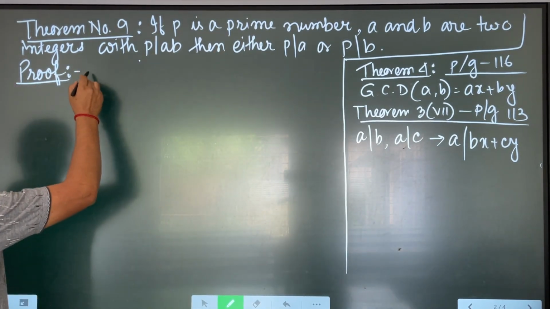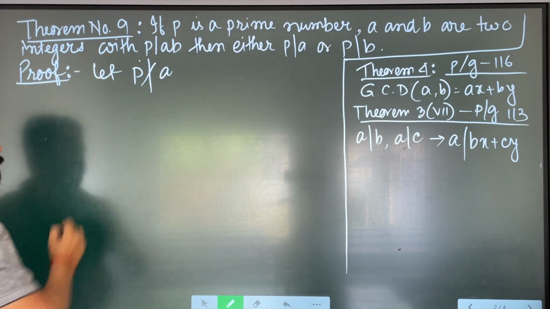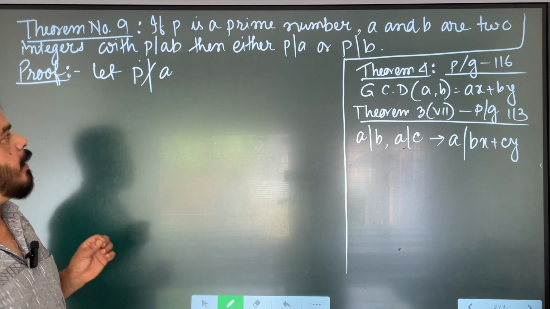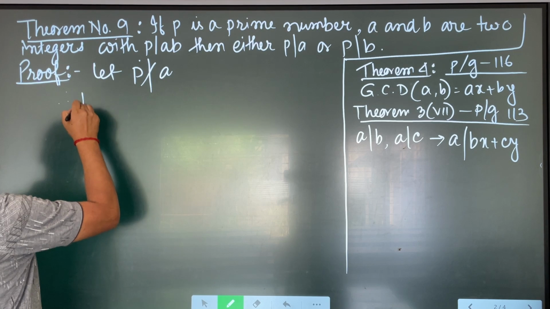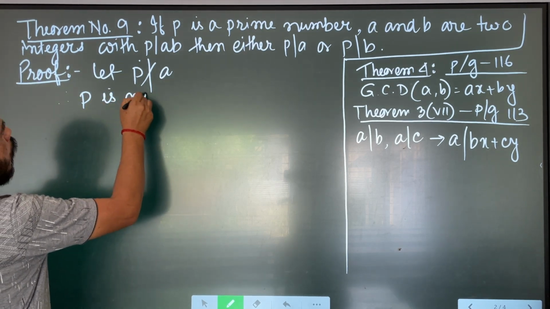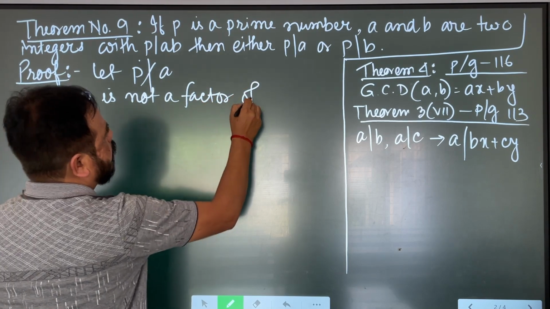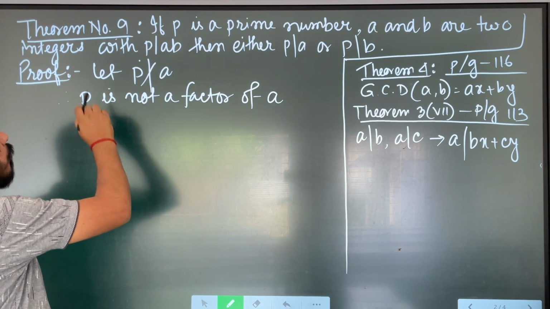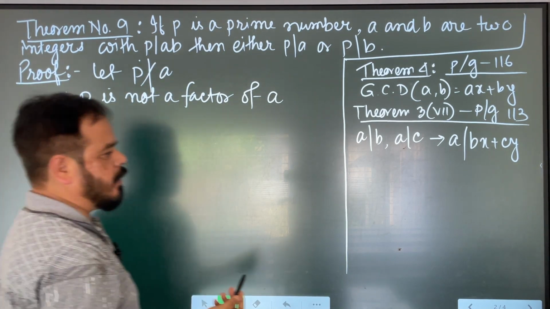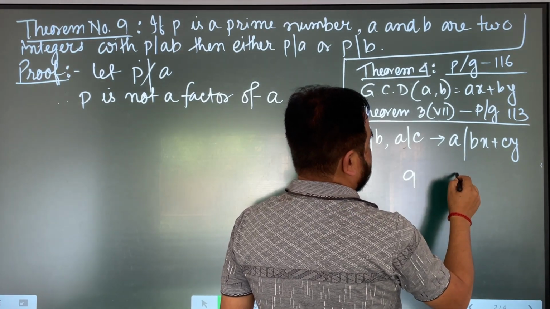But that is why we have to take: let P not divide A. If P does not divide A, then P is not a factor of A. So it is like this: 9 does not divide 8.